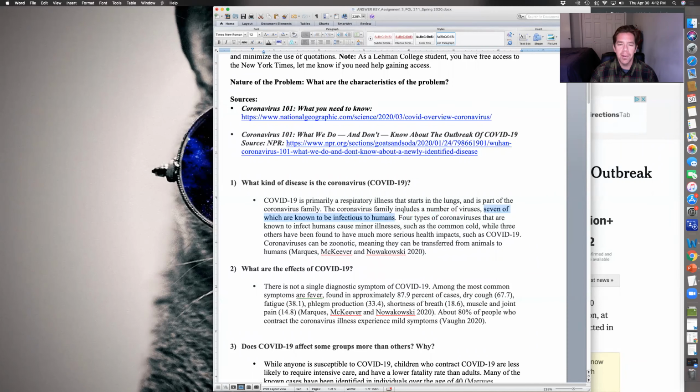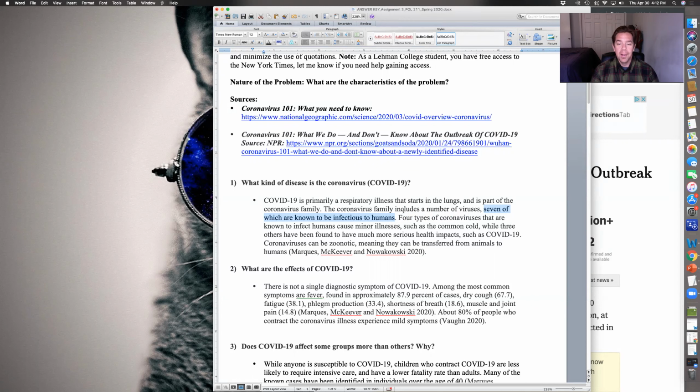We call it coronavirus in general, but the actual name many people use is novel coronavirus or COVID-19, a specific type of coronavirus within the family. There are 7 types which are known to be infectious to humans.